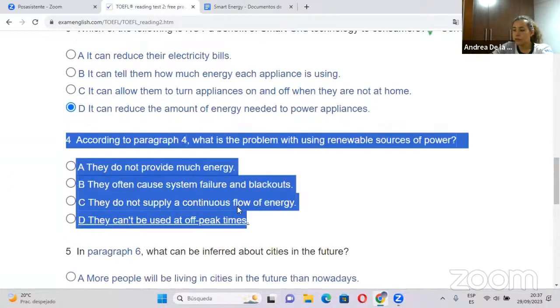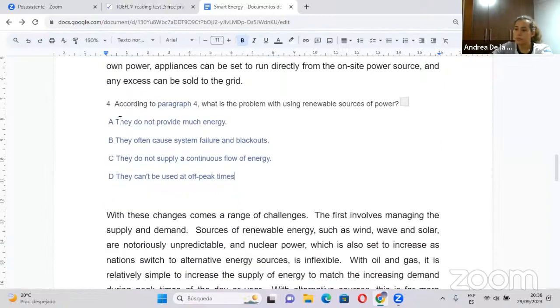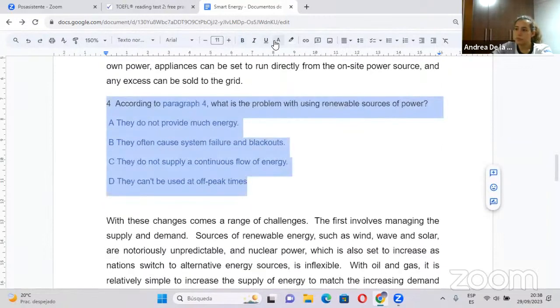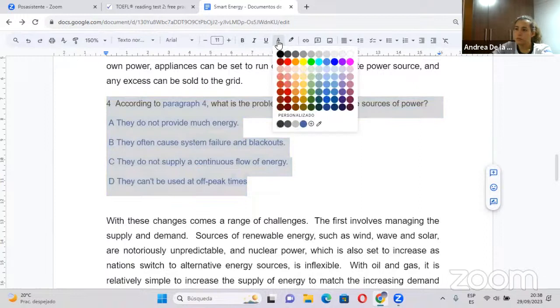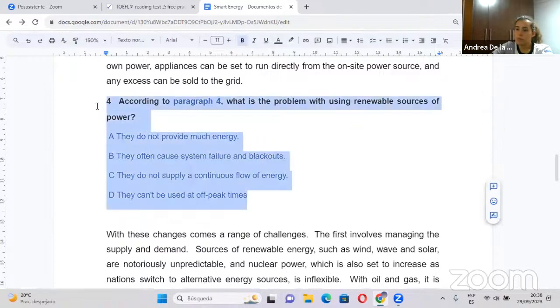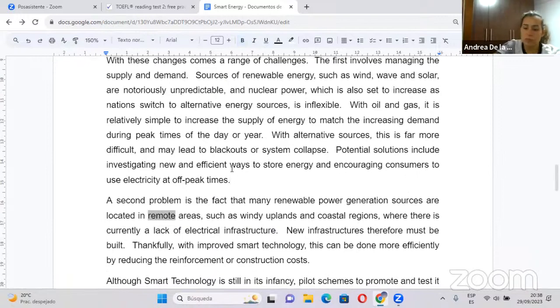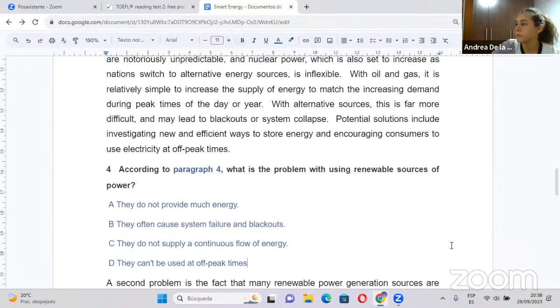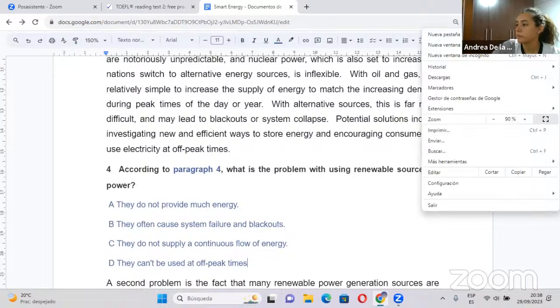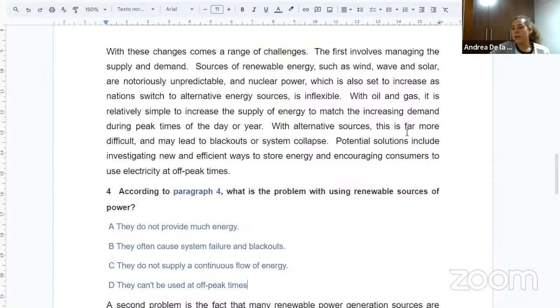Right, let's continue then. So our next question says, according to paragraph 4, what is the problem using renewable sources of power?